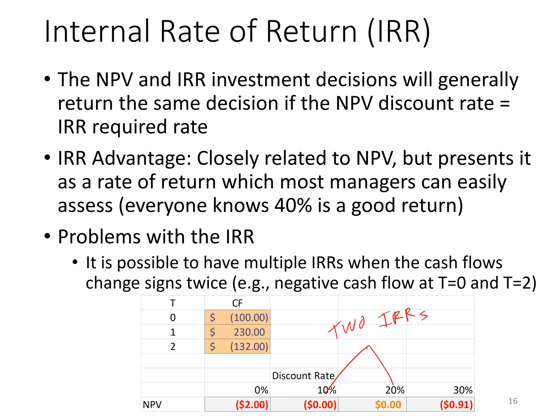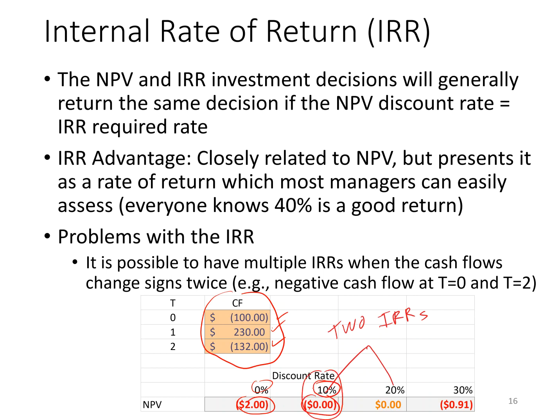But it only happens when there's two changes in signs. So notice a simple project right here. The first cash flow is I spend 100, then I get 230, then I spend 132. If I look at what is the NPV at a 0 discount rate? Well, it's losing $2. What is the NPV at a 10% discount rate? It's 0.